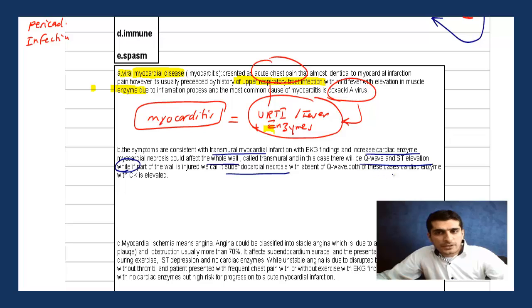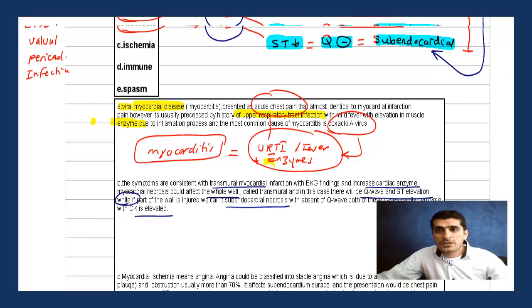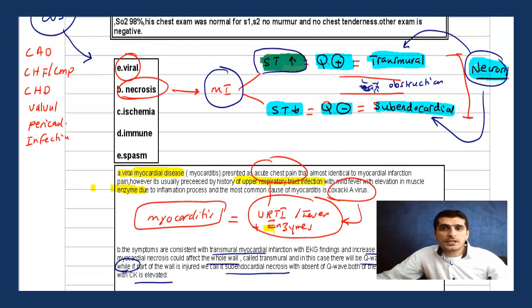In both of these cases, cardiac enzymes are elevated. Whether it is transmural or subendocardial, usually CK, which is creatine kinase, and troponin are elevated. So with any necrosis, you have elevated CK and elevated troponin.